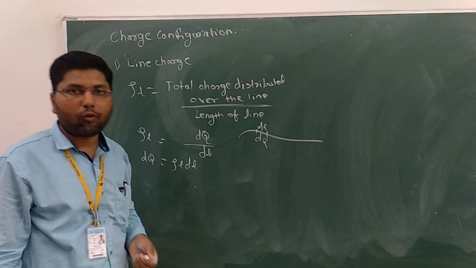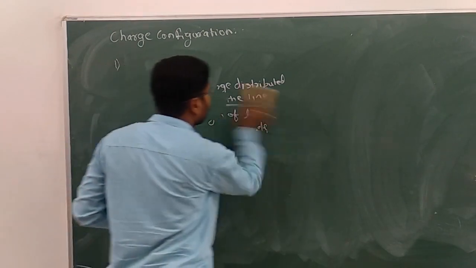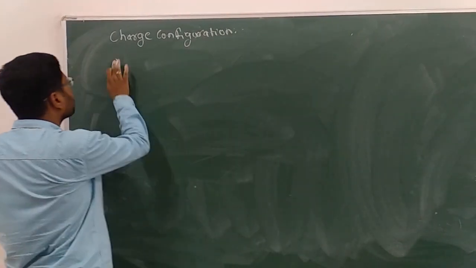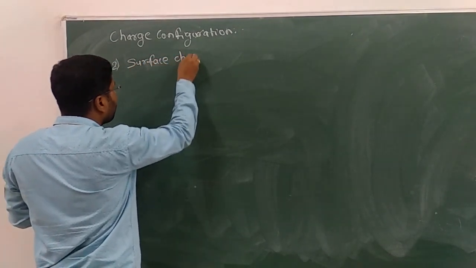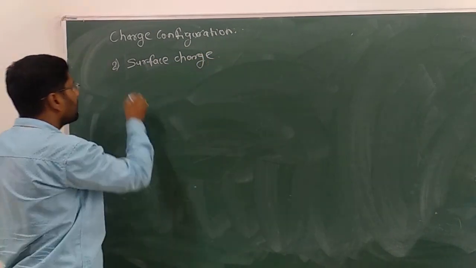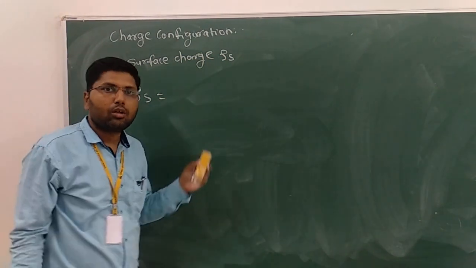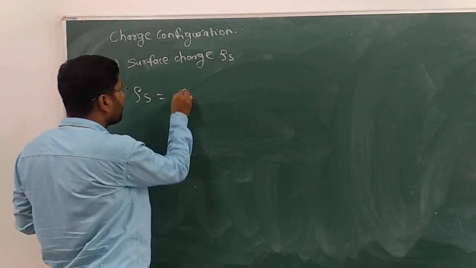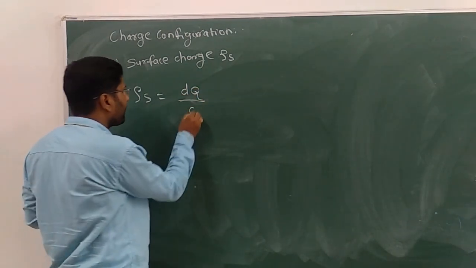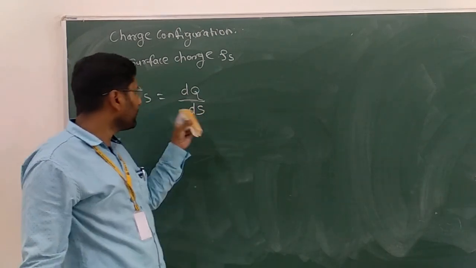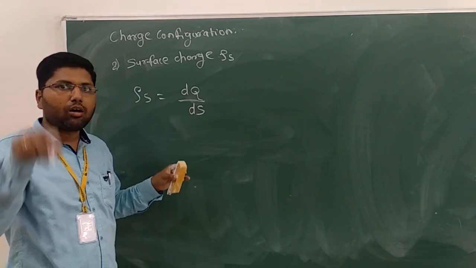Similarly, we go to the surface charge. So what is surface charge? Second point, surface charge is given by rho S. Similarly, as we have seen for the line charge, the total charge distributed is given by dq, and the charge available on the surface is given by ds. Why use this? Because the surface is calculated by ds, meaning the area of the surface.